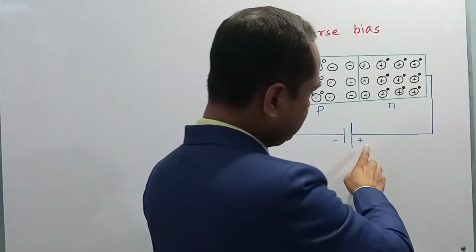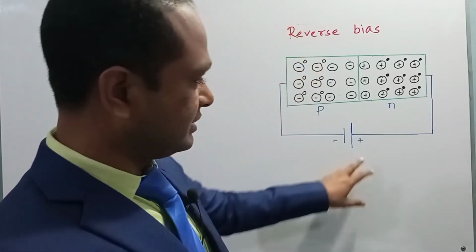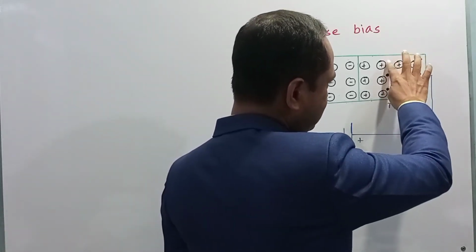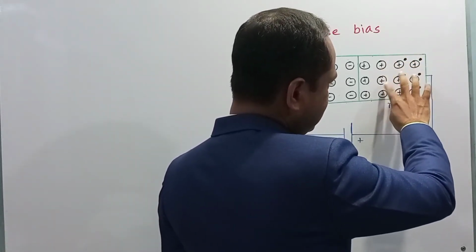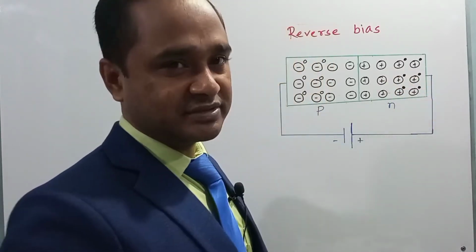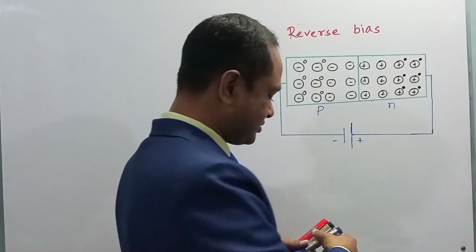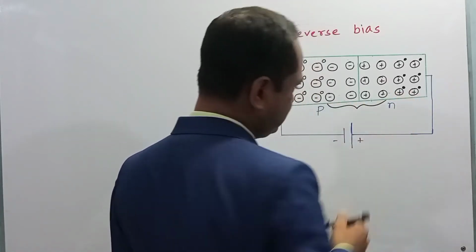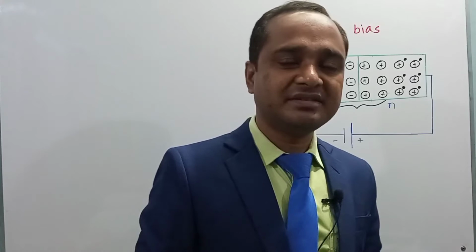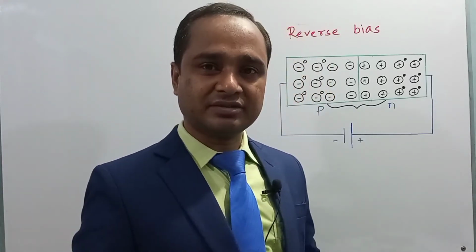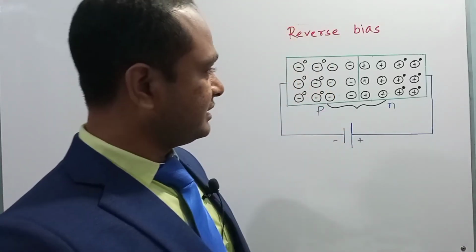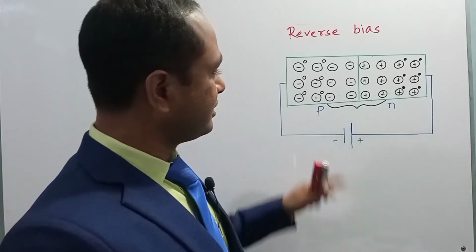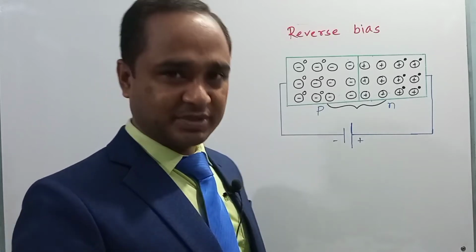On the other hand, the positive end of the cell will attract the electrons. As a result, some electrons will disappear from the n end of the p-n junction. As a result, the depletion layer of the p-n junction will increase, that is, the barrier of the junction will increase. So in that case, electricity will not be conducted through this device. This type of connection is called reverse bias.